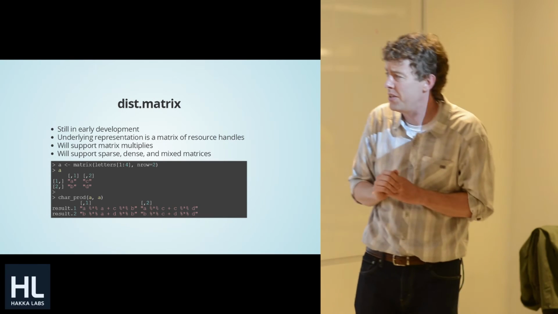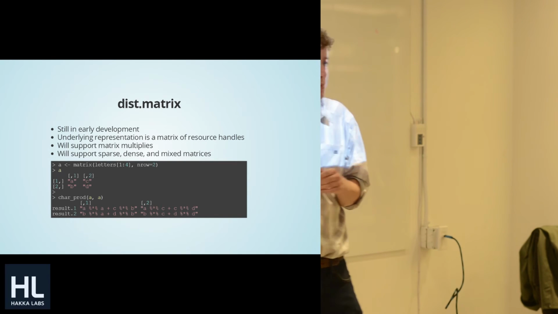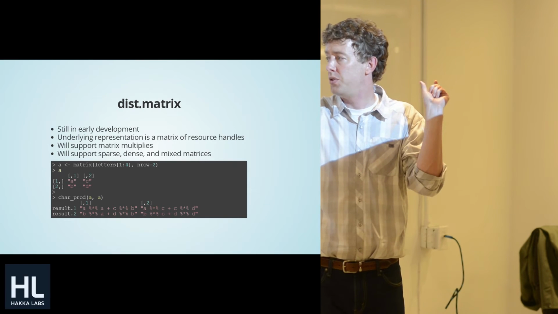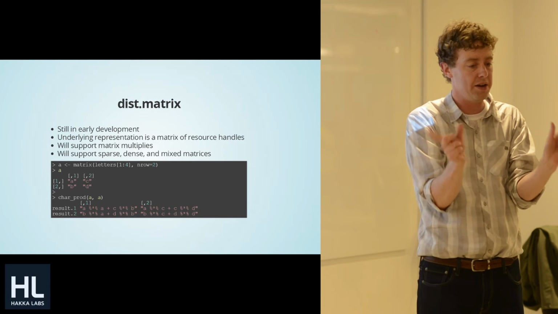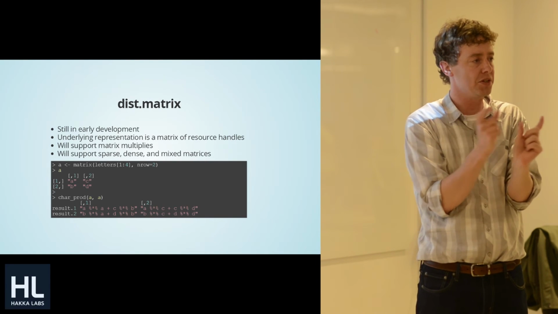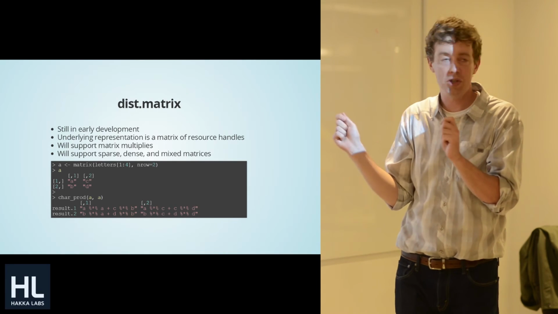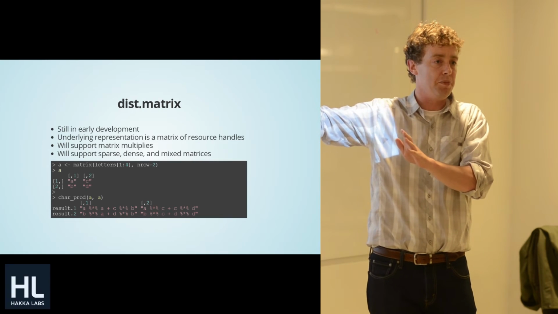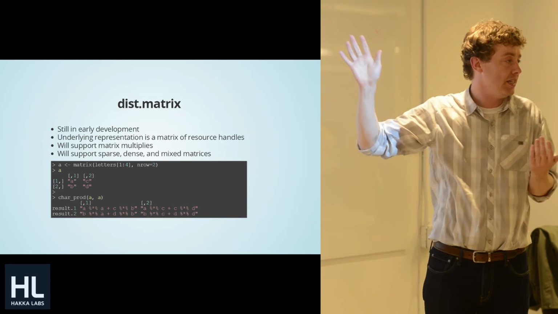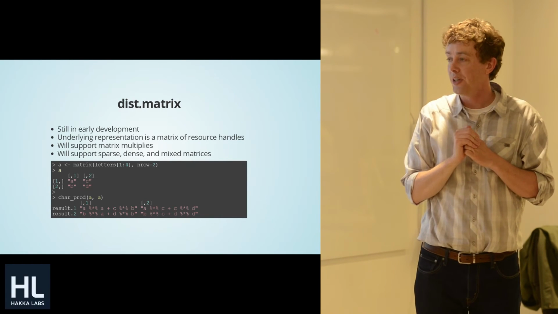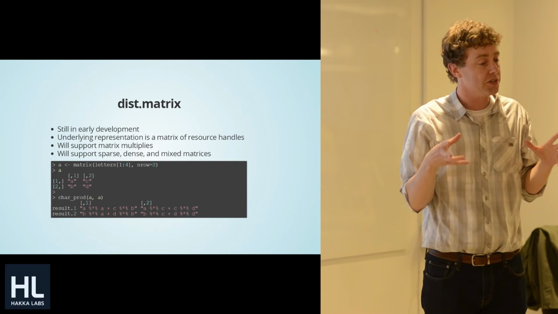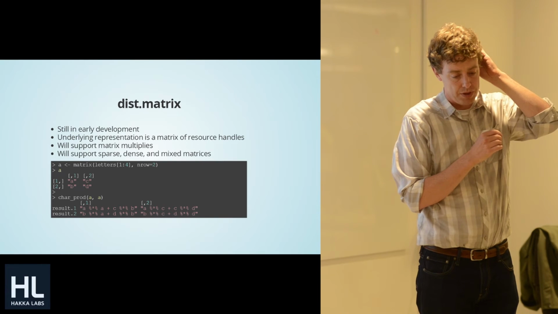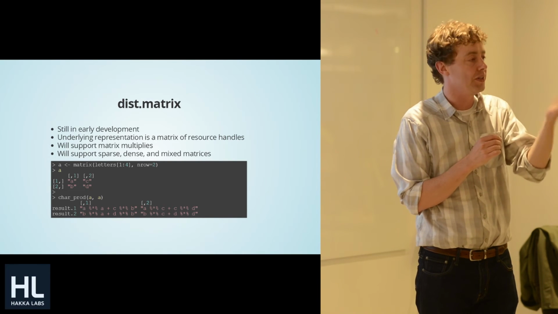The other thing that we can do is, because these matrices are just R objects, and R knows how to multiply sparse and dense matrices, we don't have to distinguish between a dense distributed matrix and a sparse distributed matrix, which is also a big deal. You get a lot of matrices that are clumping, especially if you're dealing with social network data.